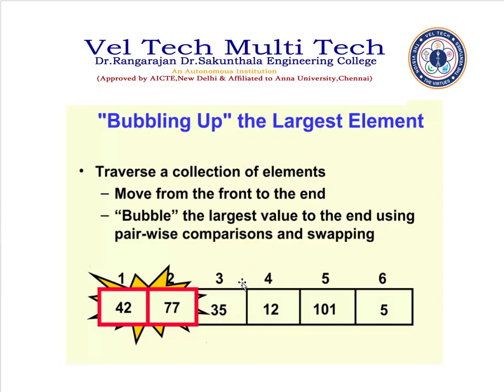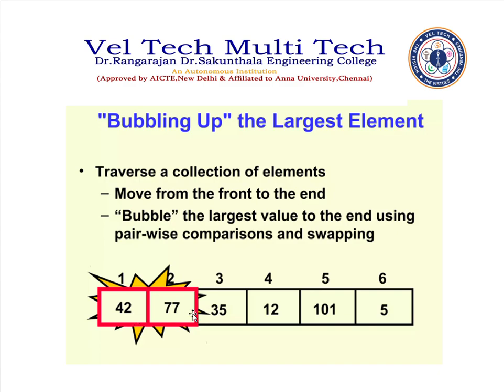We'll move on to the first step. We have to compare the first two elements, that is the first element and the second element, and if there is any mismatch in their order we have to swap them, in the sense we have to exchange one value with the other, we have to exchange their places.